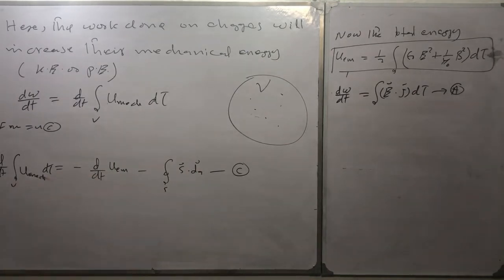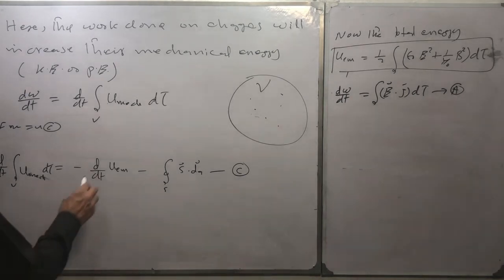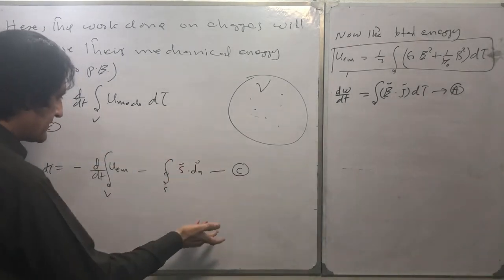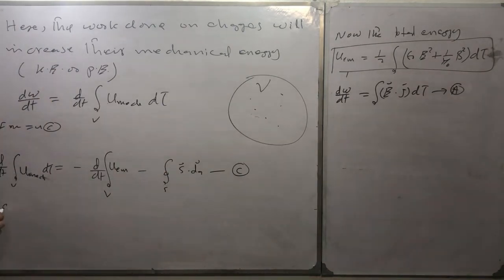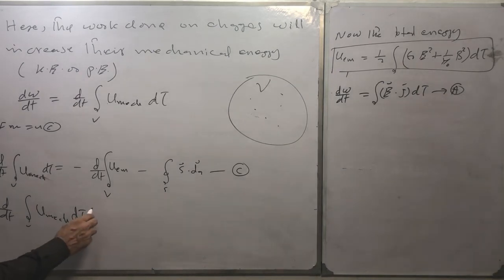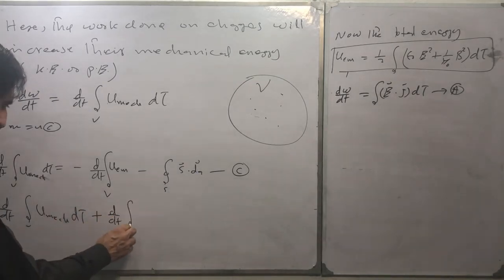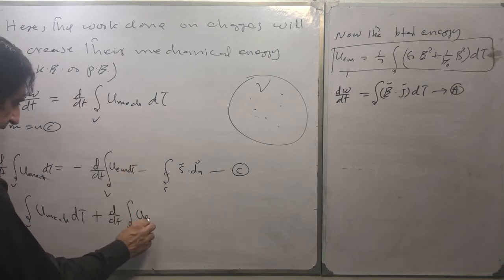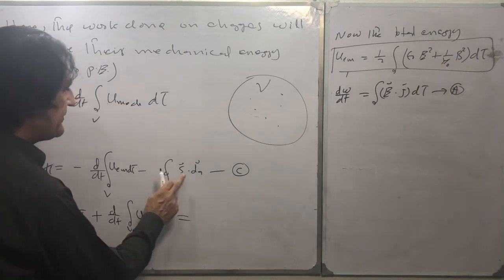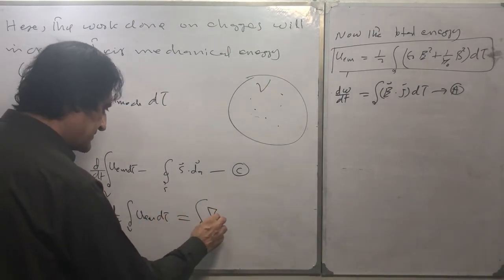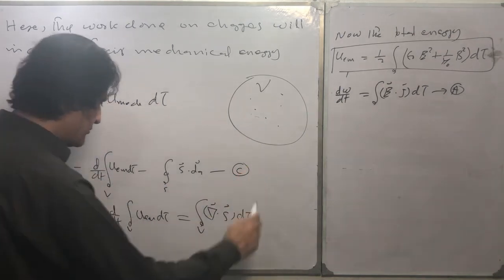If I write down the volume as well and use the divergence theorem back, then equation C takes the form d divided by dt of the integral of u mechanical d tau plus d divided by dt of the integral of u electromagnetic d tau, which is equal to the integral over the volume of divergence of S d tau.